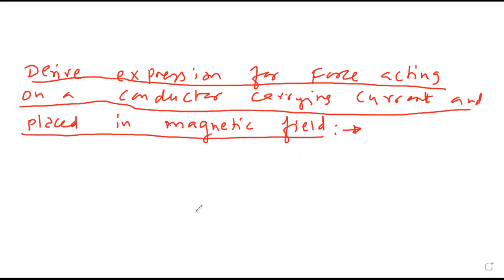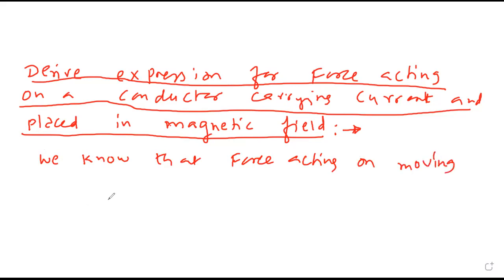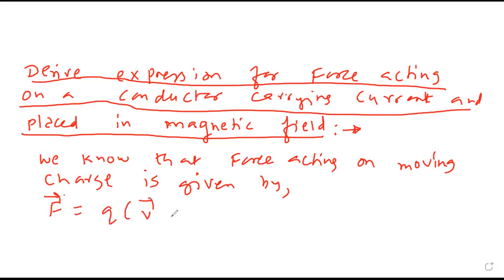Okay. Thank you, sir. Last expression. Derive expression for force acting on conductor carrying current placed in magnetic field. We know that force acting on a moving charge is given by F bar equals Q into V bar cross B bar.